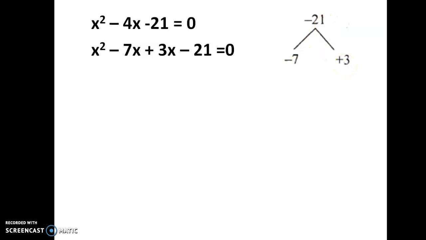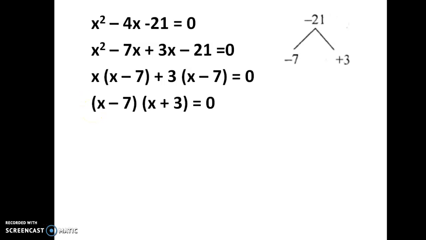Minus 7 plus 3 is minus 4, that is the middle term. So these are the required factors. Now write it. In this, x can be taken out as common, and here 3 can be taken out as common. Inside the bracket both are x minus 7, so x minus 7 can be taken out as common, and in the other bracket you will have x plus 3.